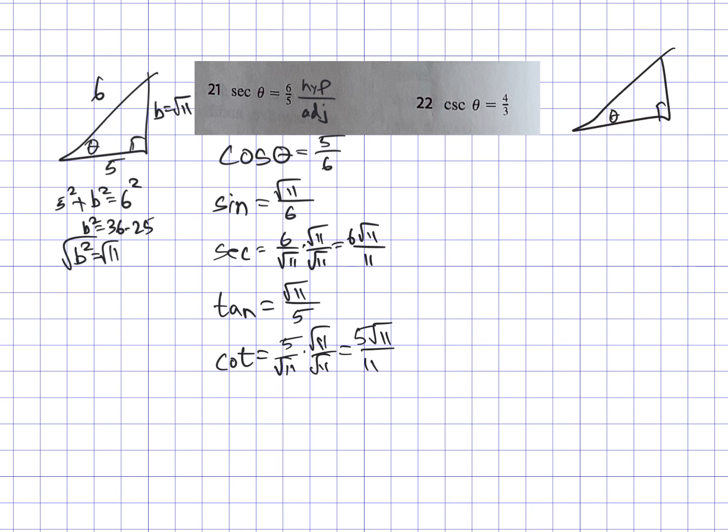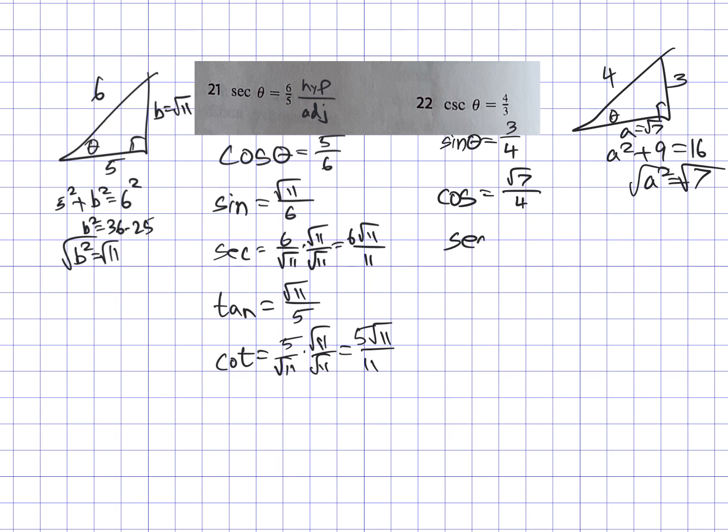Cosecant is 4/3. Cosecant goes with the sine. So the sine is the reciprocal. And sine of theta is opposite over hypotenuse. So a squared plus 9 equals 16. A squared equals 7. Square root of 7 is a. So now we have the cosine, which is the adjacent leg over hypotenuse.